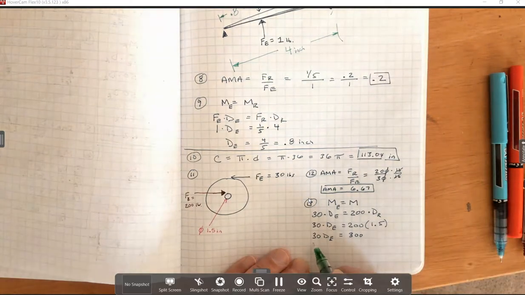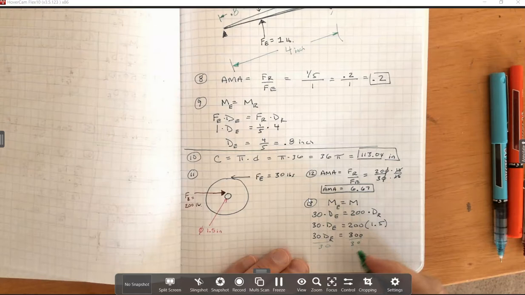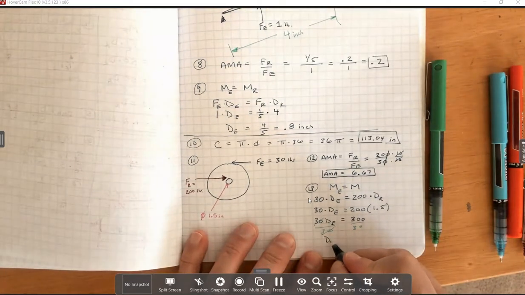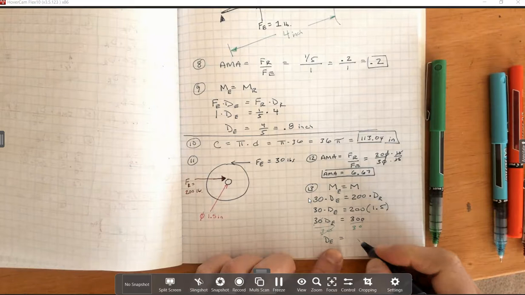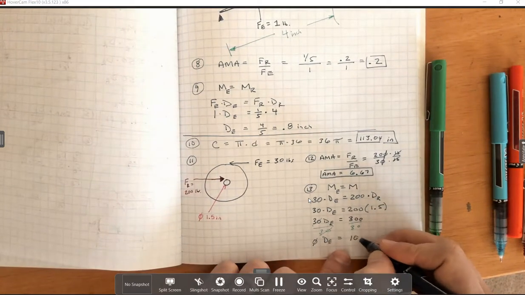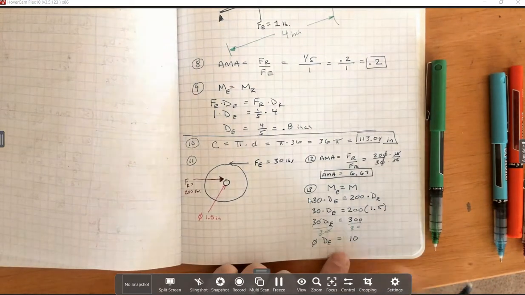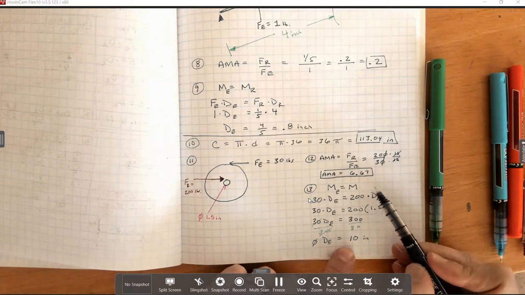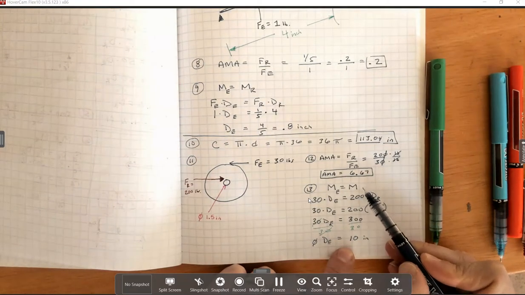We're going to divide both sides of this equation by 30. And that'll give us the effort distance, in this case the diameter, to be 10. Now again, that came from a formula that said we were in static equilibrium.